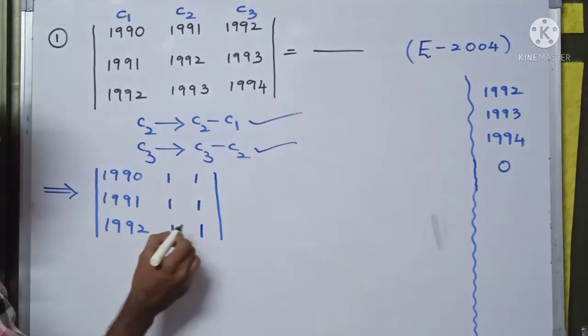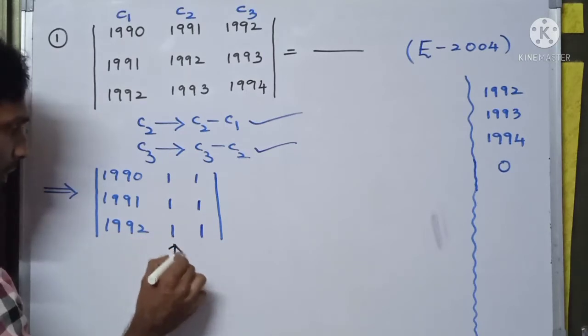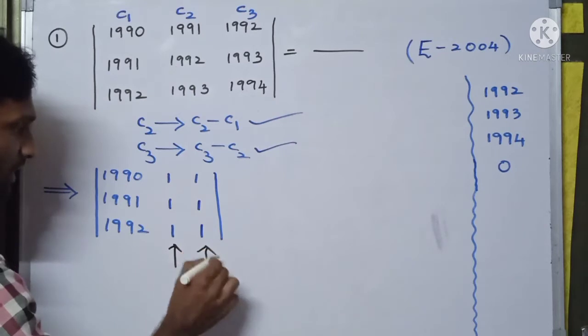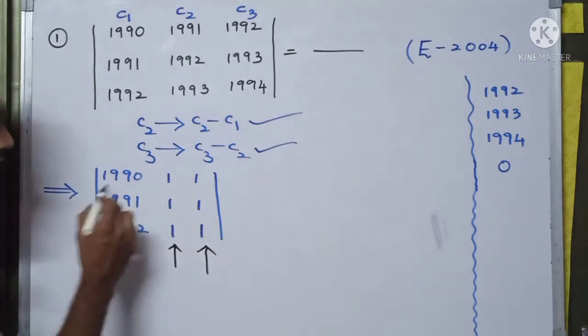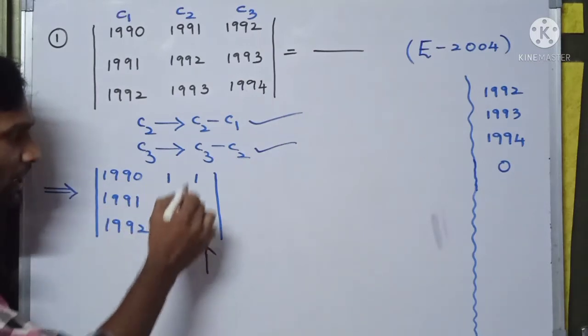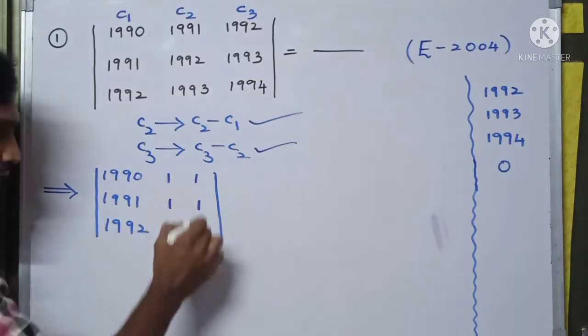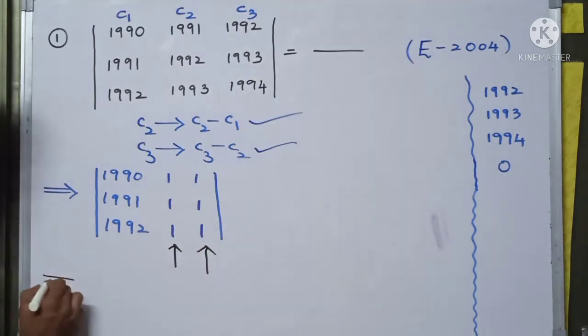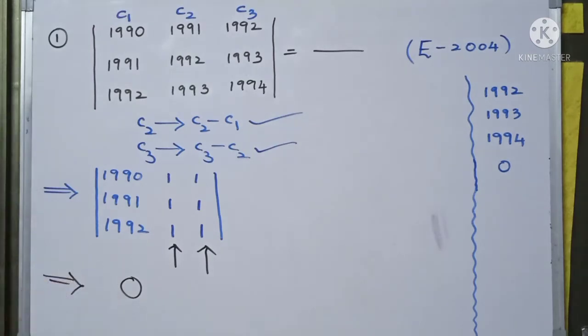Observe the second and the third columns in this determinant, where the elements of second column and the elements of third column both are same. That means in the given determinant, if any two columns are identical, then the value of the determinant always is equal to 0.